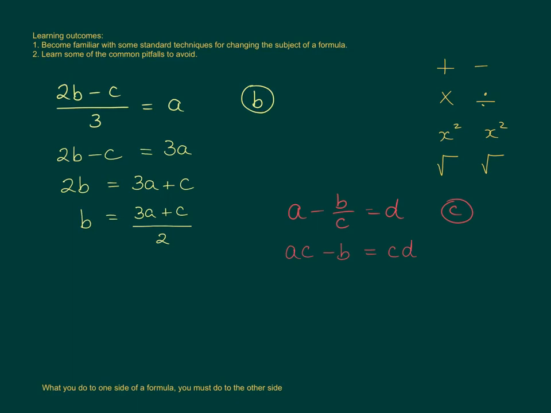Now, because it's C that we want, we need to have every term involving C on its own on the left hand side. So we already have AC on the left hand side. This term is on the right hand side. We don't want anything involving C on the right hand side. So we simply subtract CD from both sides. So on the left we get AC minus CD.